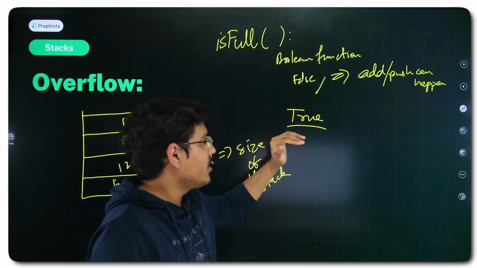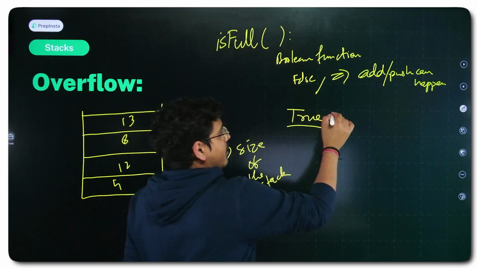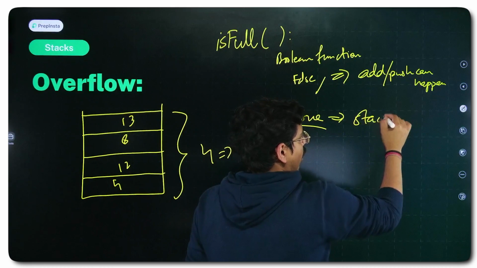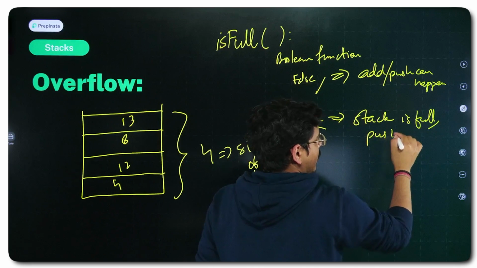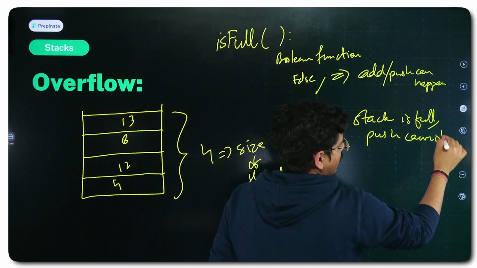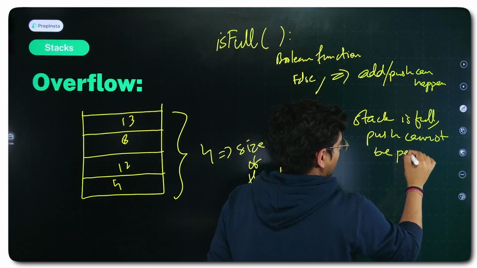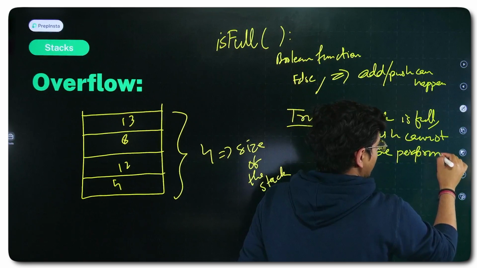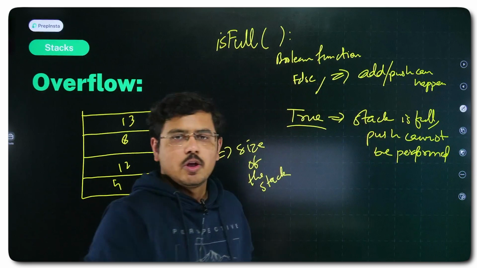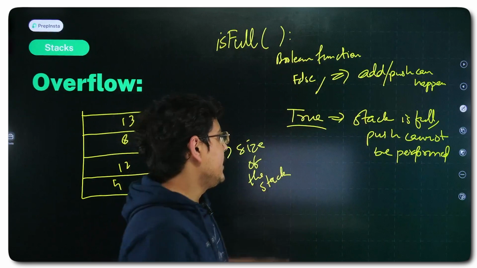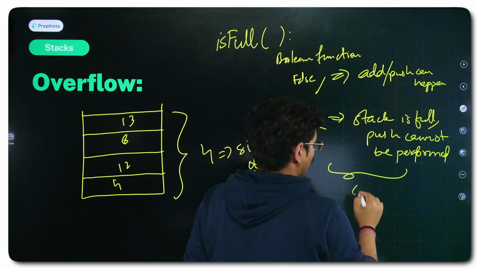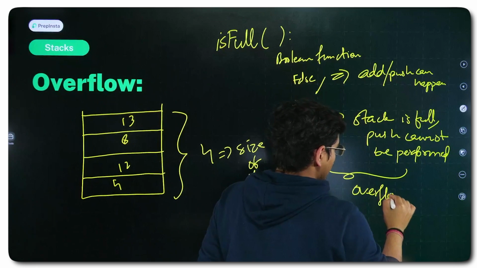In that case, if it returns true, then your stack is full. Push cannot be performed. And in such a condition, when no further push can happen, the stack is already full, then it is called overflow condition.